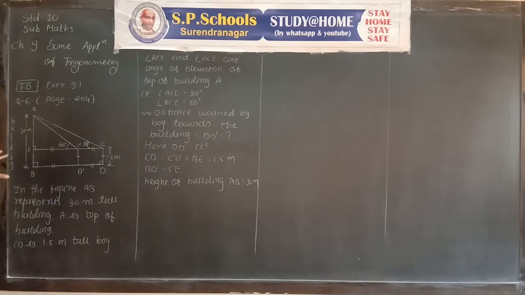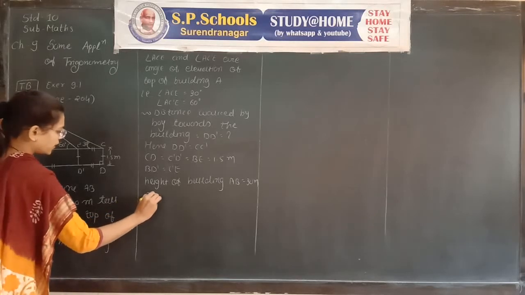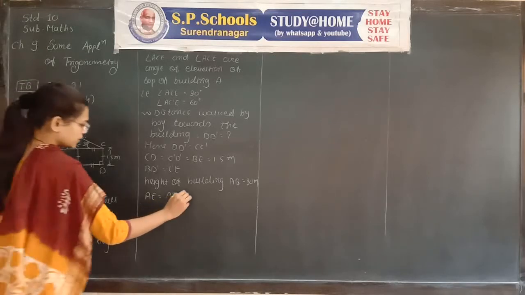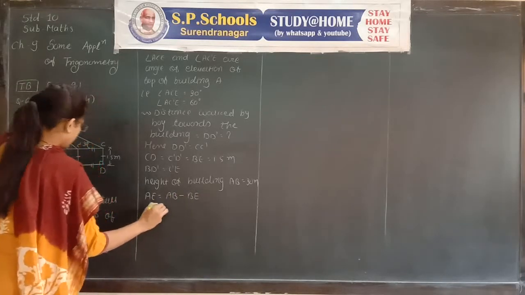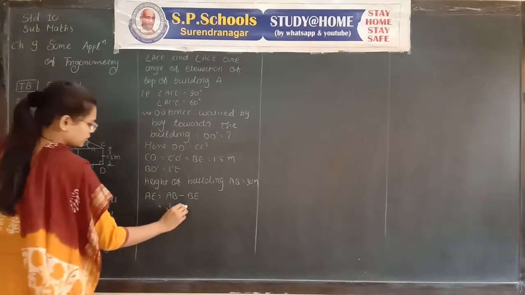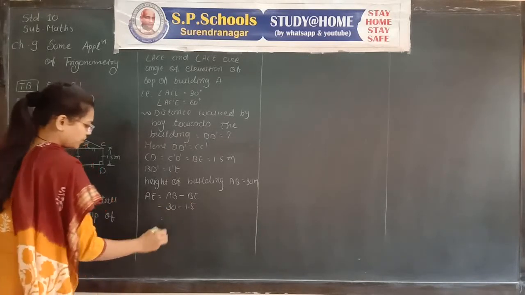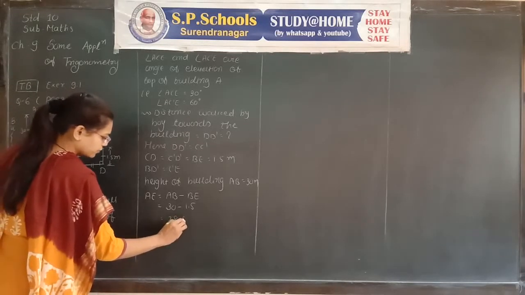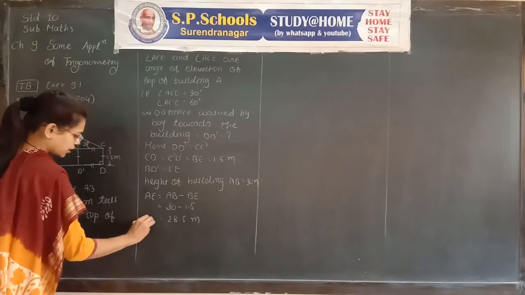So first of all, EB is also 1.5 meter. From the figure, AE is obtained by AB minus BE, where AB equals 30 minus BE equals 1.5. Subtracting 1.5 from 30, we get 28.5 meter, which is AE.